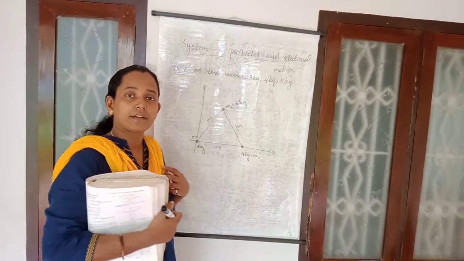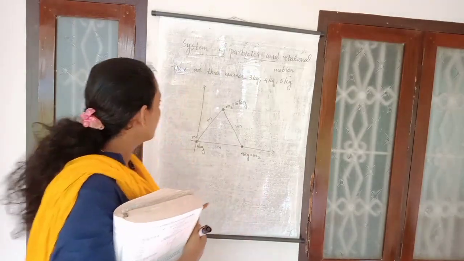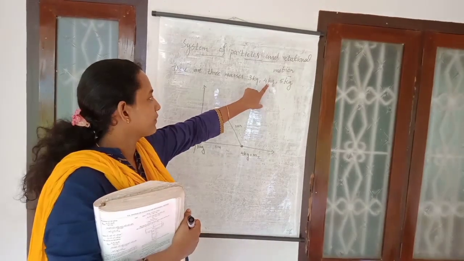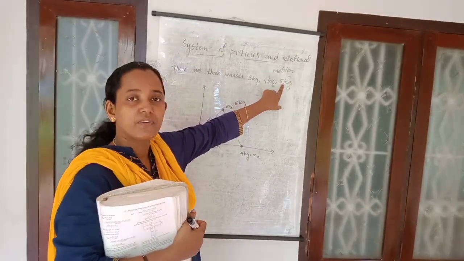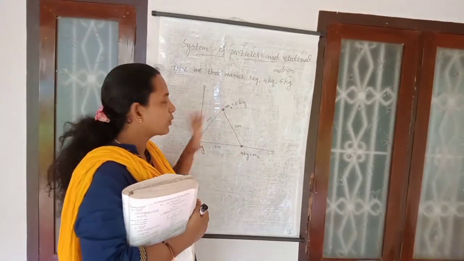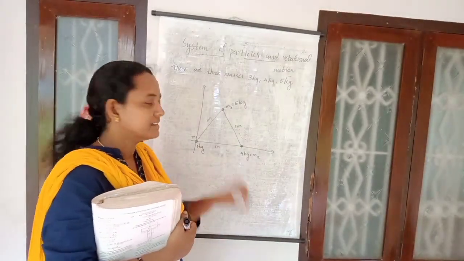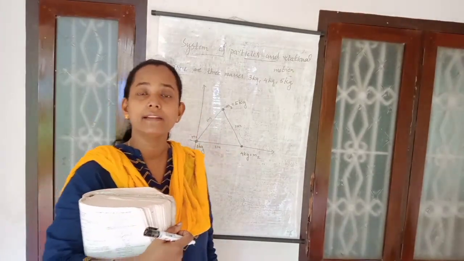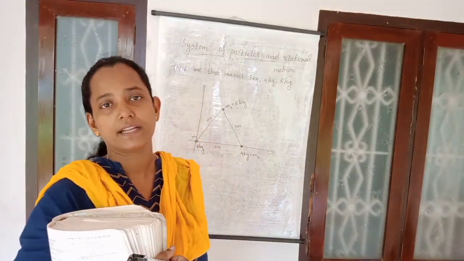So next is another question. Here there are three masses. The first one is 3 kg, the second one is 4 kg, and the third one is 5 kg, which are placed at the three corners of an equilateral triangle, and each side has a length of 1 meter. They asked to locate the center of mass of this system of particles.